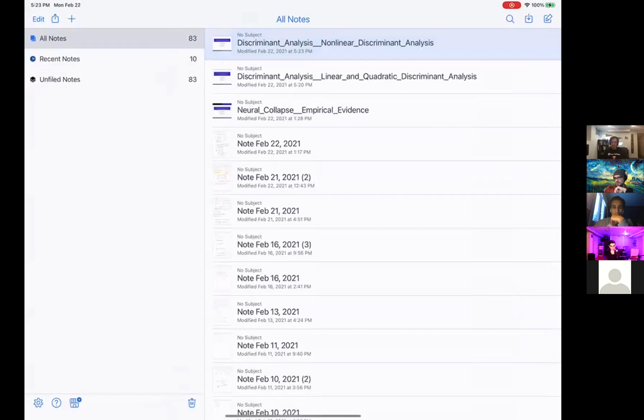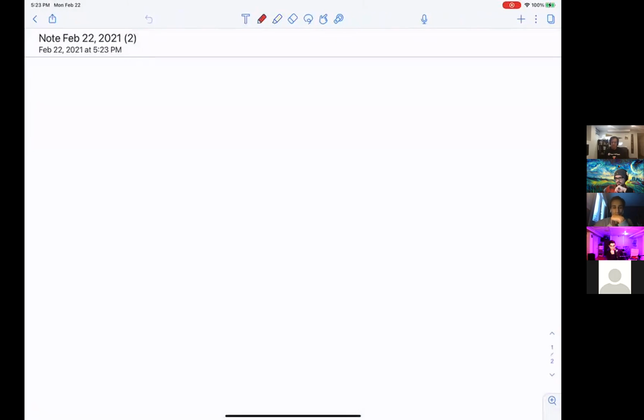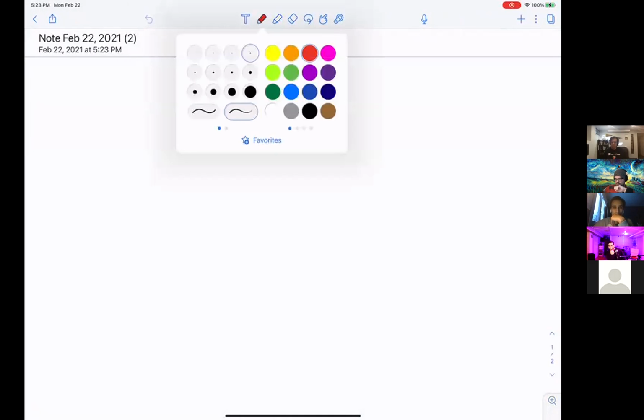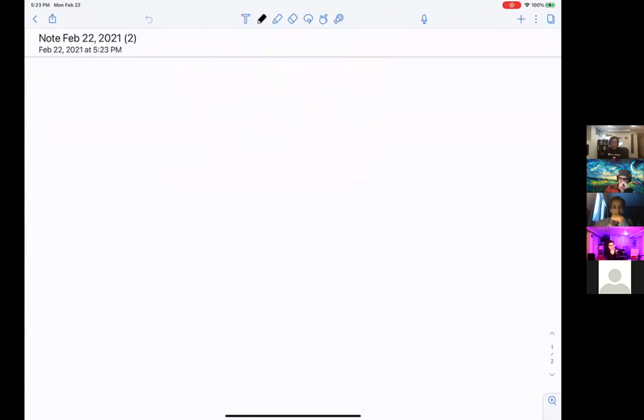So let me switch to a writing position and let me illustrate what they've done. It's actually extremely simple, I think. Imagine that you have a network that is being trained with MSE loss.